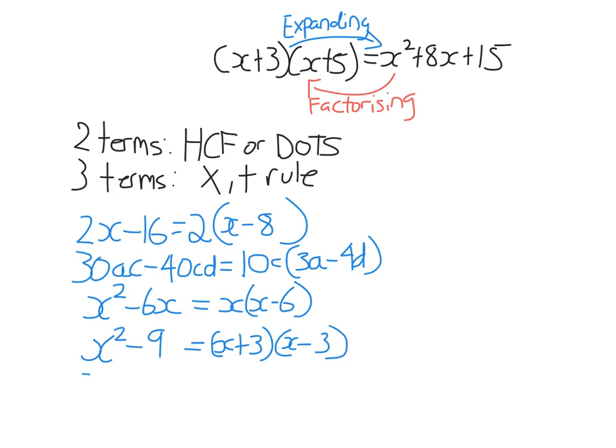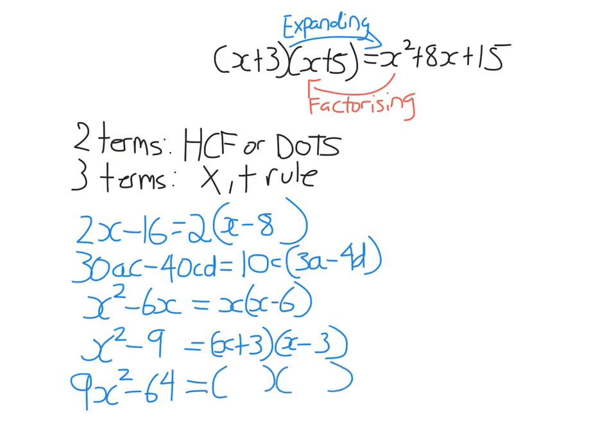This probably won't look like it, but if I have something like 9x squared minus 64, this is actually the difference of two squares. 9 is a perfect square and x squared is a perfect square. This first term is a perfect square. 64 is a perfect square. It's 8 squared. So I'm going to factorize this in exactly the same way.